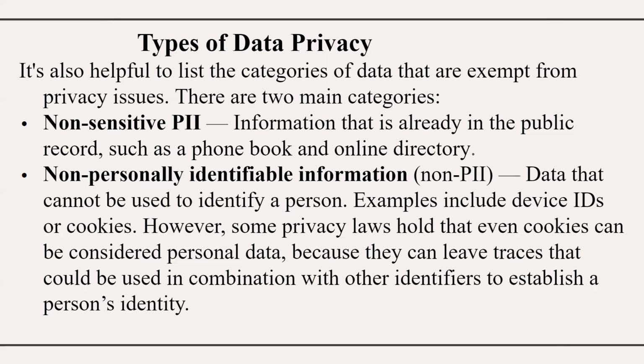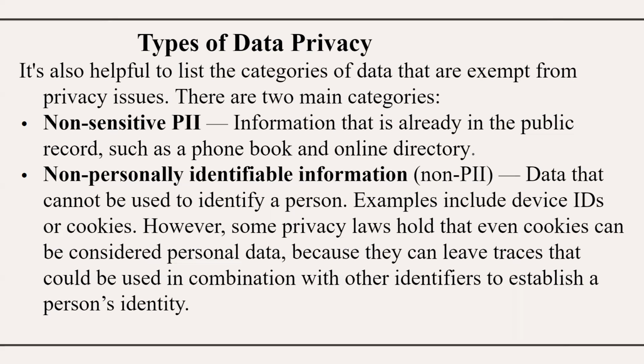This kind of data could not be used to identify a person because if you were to read out 100 individuals' device IDs, you wouldn't be able to relate them to who they belong to. However, some privacy laws hold that even cookies can be considered personal data.